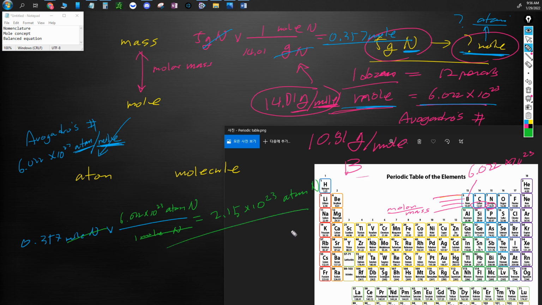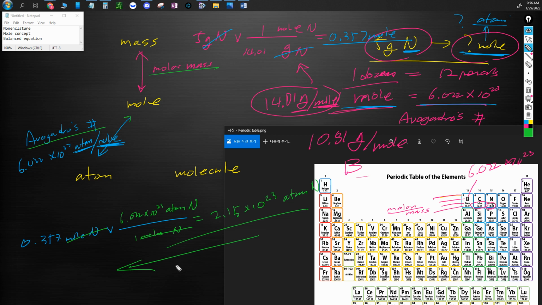So you can already tell how we go from mass to moles to atoms by using molar mass and Avogadro's number. And this can go back from atoms to moles by using Avogadro's number again. You can see it going in reverse.